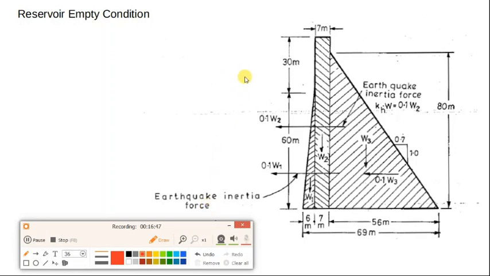The worst condition will be when the earthquake acceleration is downward. When the earthquake acceleration is downward, then the earthquake inertia force will be upward. Remember this.